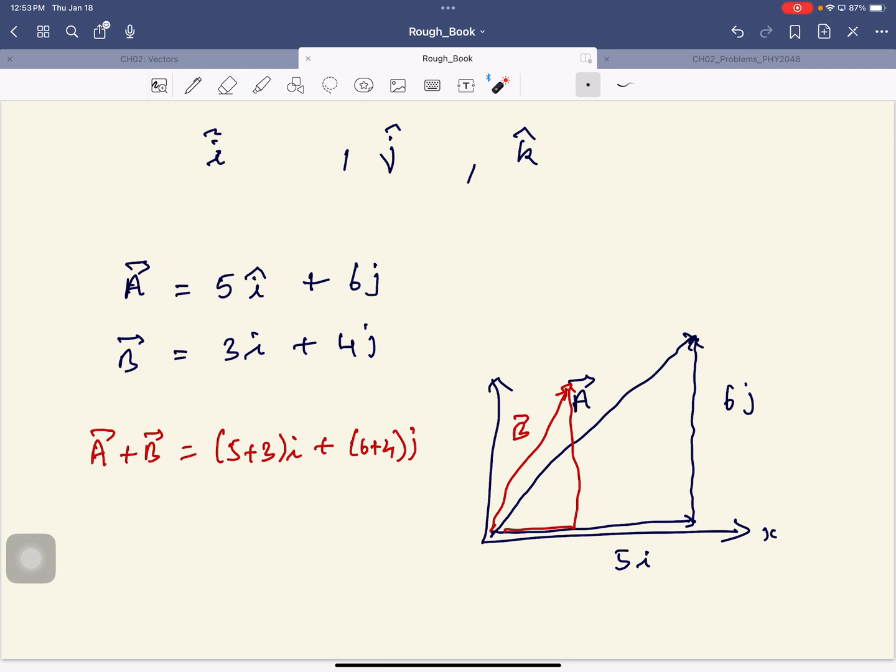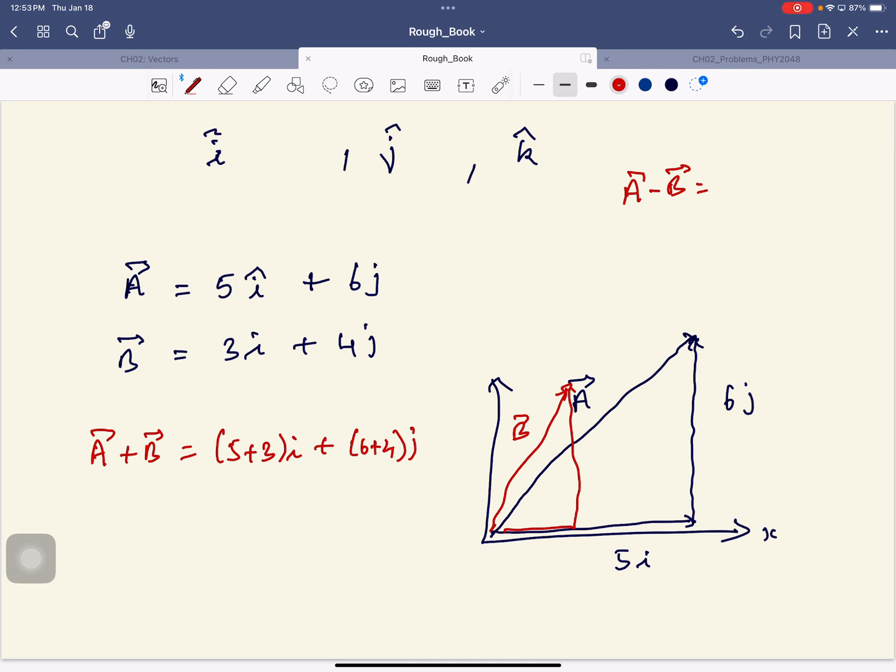So now you've learned how to add vectors. You guys understand that? What would A minus B be? Flip it across the x-axis.